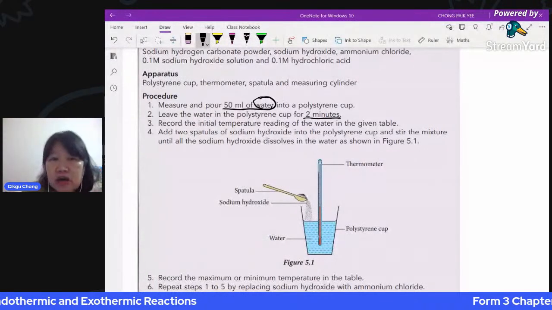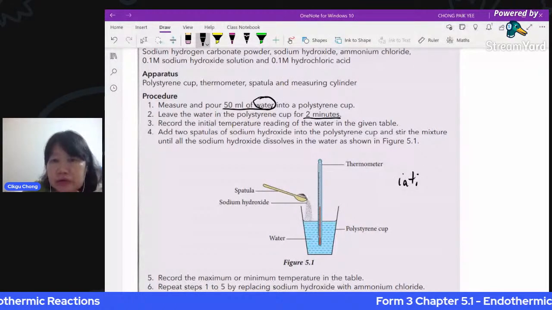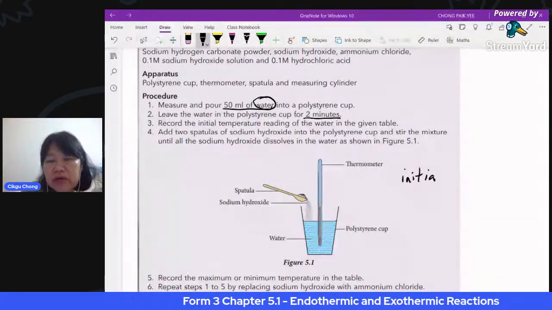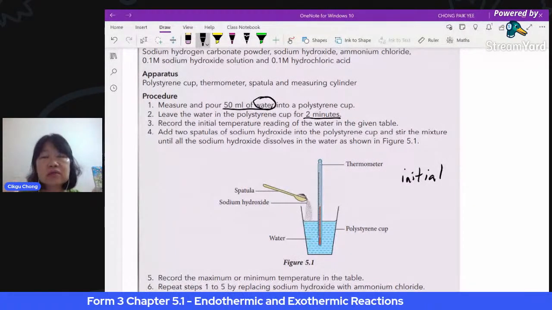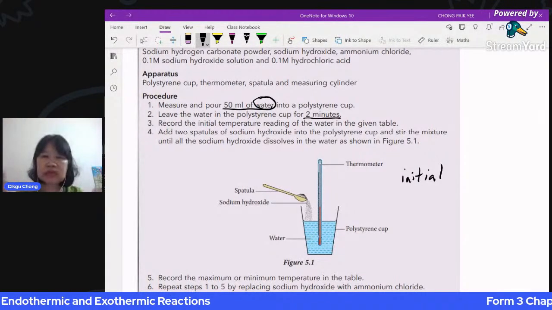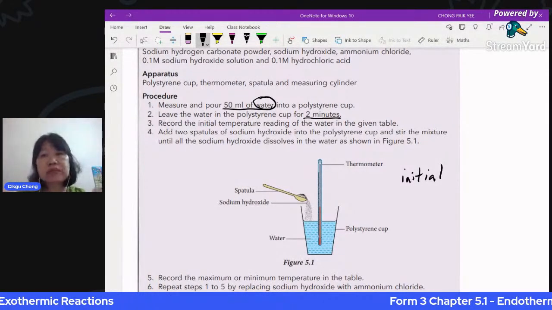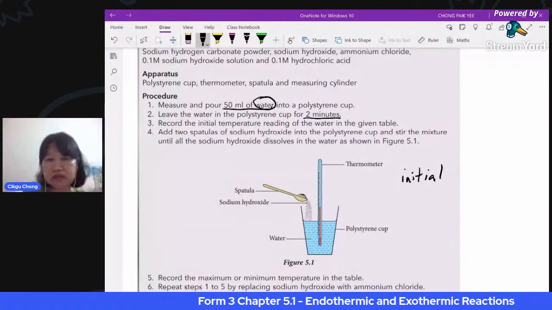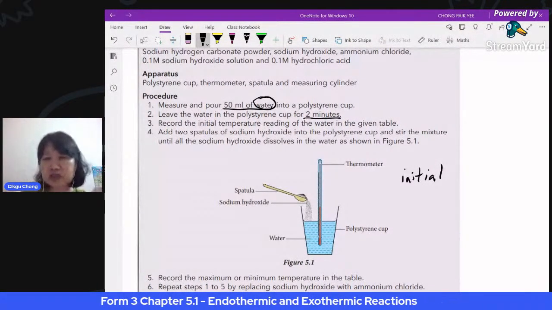You call it initial temperature. It is more reliable. So always leave it first to make sure that it comes to what we call thermal equilibrium. That means it will be the equal temperature with the environment. So then only you take your initial. So leave it for 2 minutes before you take your initial temperature.